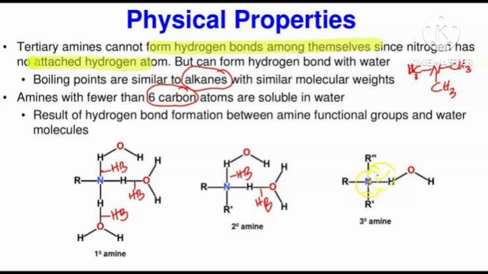CONH2 is the amide group. This will be butanamide.